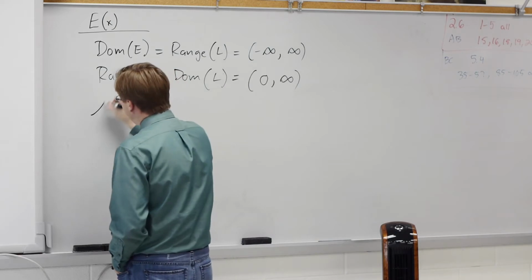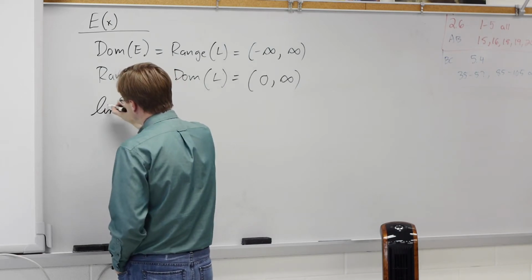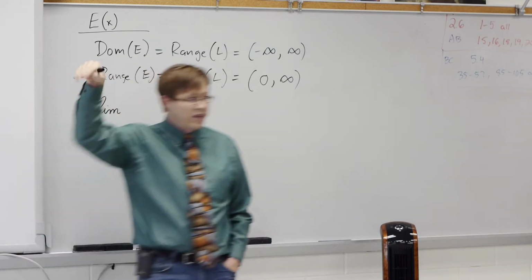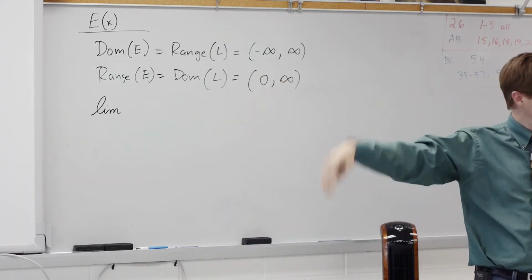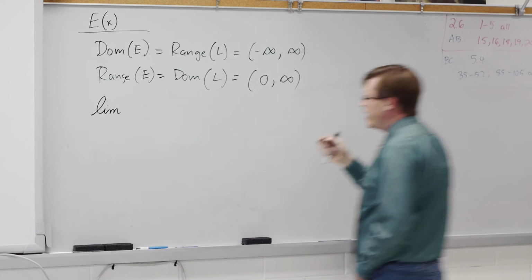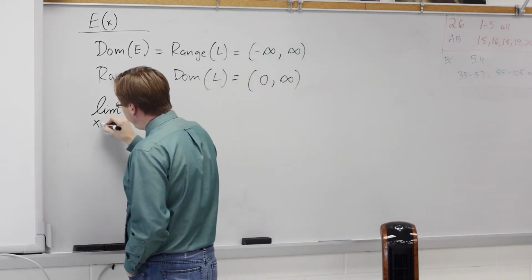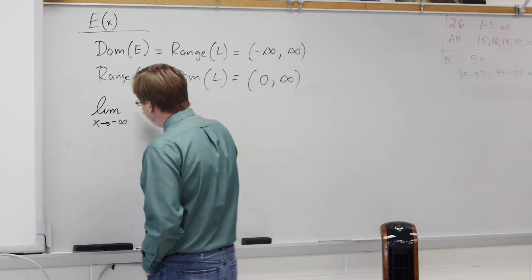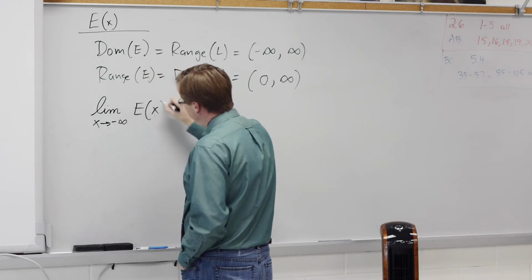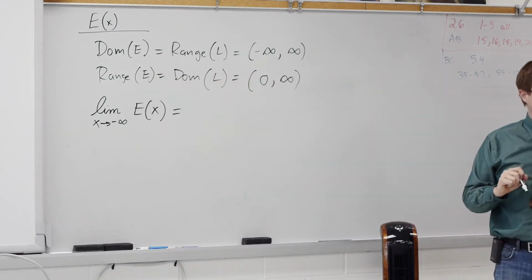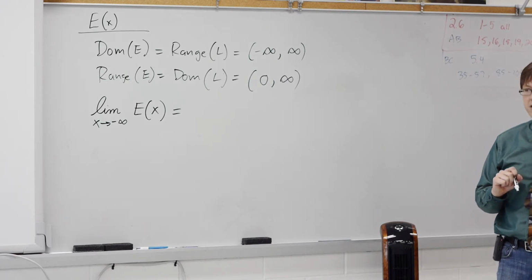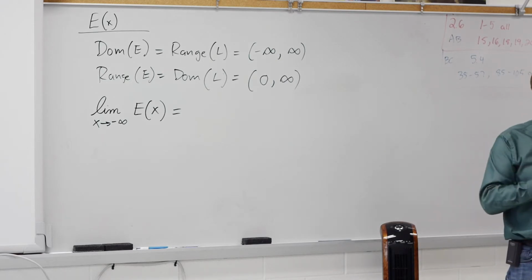And I can even say one other thing, because if we look at L, you see the limit. L goes to negative infinity as x goes down to 0. So I can reverse that. As x goes to negative infinity, what happens to E of x? Yeah, exactly.